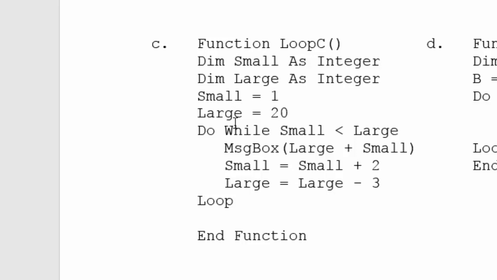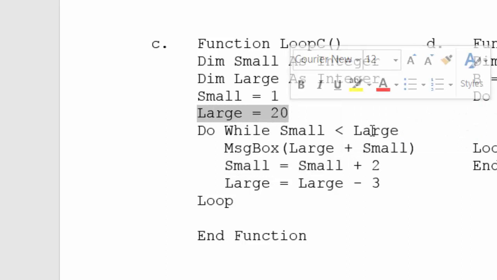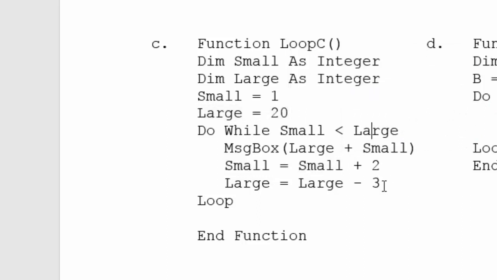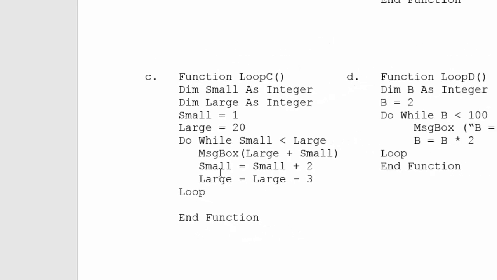Large and small are both the LCVs. Small is being initialized, it's in the test, and it's being updated. Large is initialized, it's also in the test, and it's also being updated. So large and small in this case are both the LCVs.